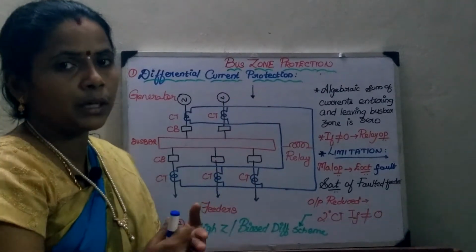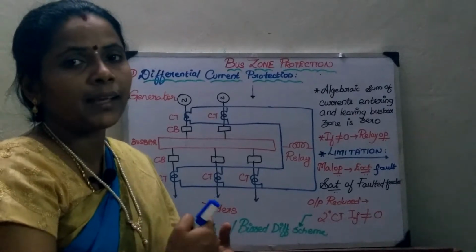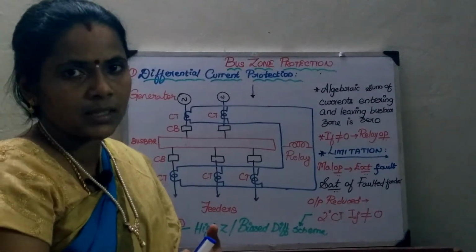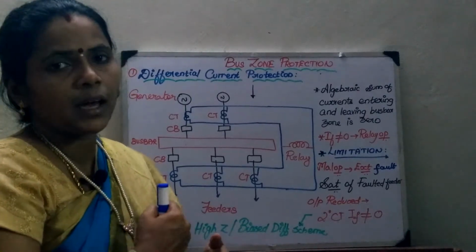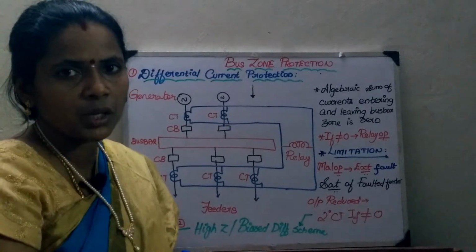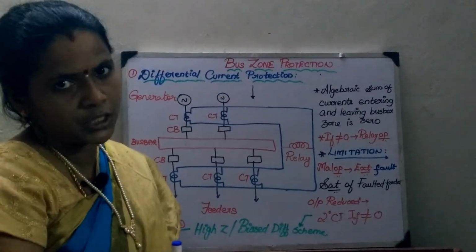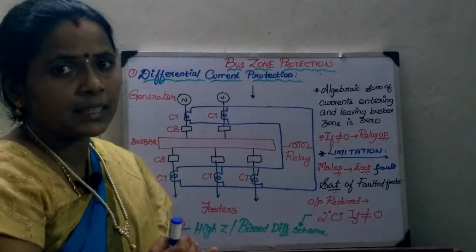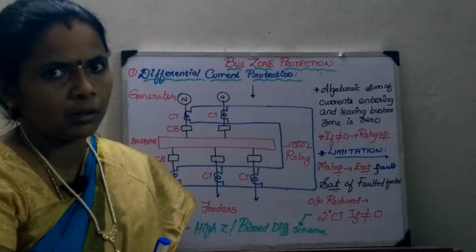Generally you know the principle: the currents entering and leaving, measured from the CT secondaries, are compared. Under normal condition, the current entering and leaving the section are the same, so the relay will not operate. But that is the general protection we have seen in the differential protection of relays.